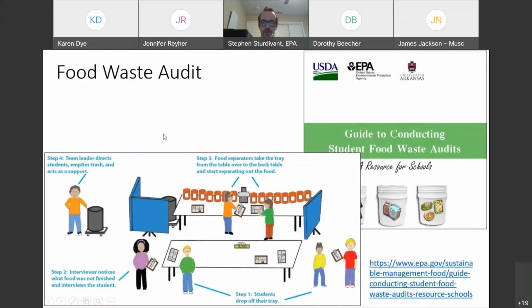Okay, so one really great source reduction idea that you could implement is conducting a food waste audit. So it's important to know what you're throwing away and why. Only then can you figure out things to do differently to prevent that waste, right?